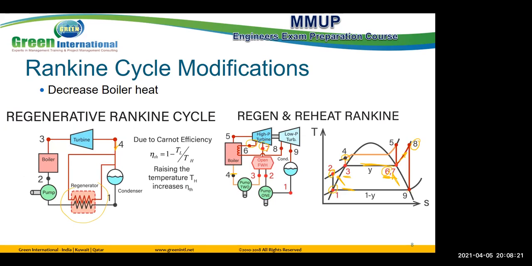And the superheating cannot be possible between the boiler and the turbine. If we superheat the saturated steam coming out of the boiler and going to the turbine, before going to the turbine, it's not possible.